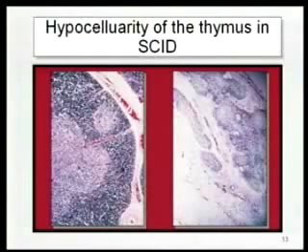Very few cells there. The stem cells are going to come there, but there is not going to be any proliferation because of the lack of positive selection. There will be hypocellularity of the thymus, and the corticomedullary structures will be disrupted.